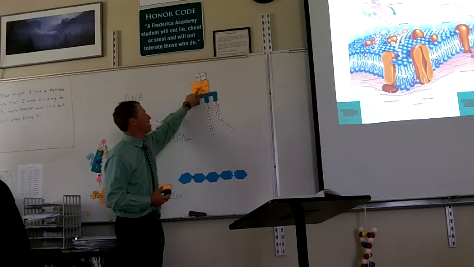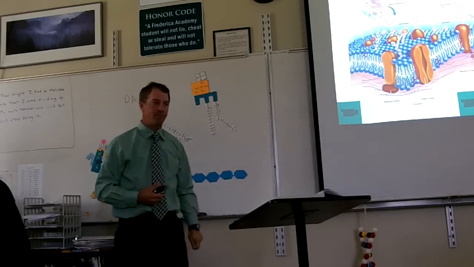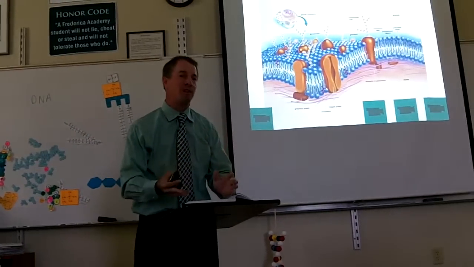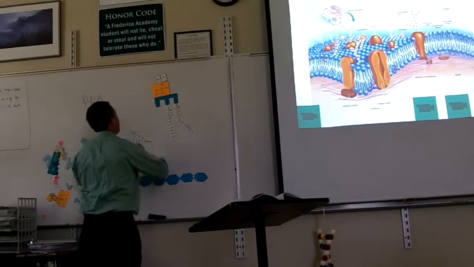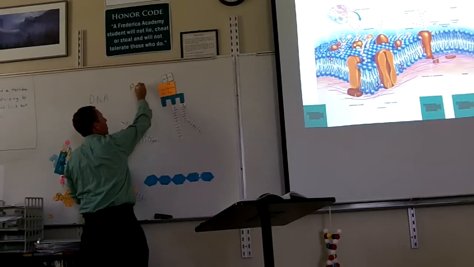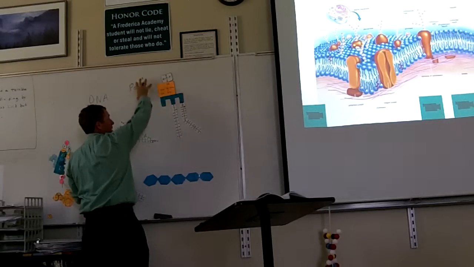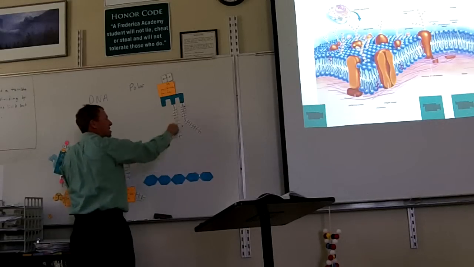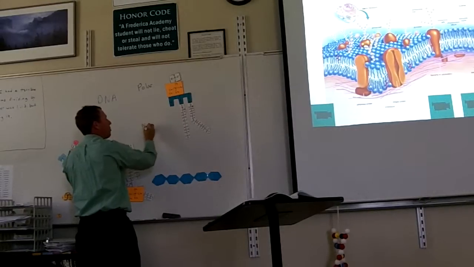The nitrogen group has a little positive charge, and the phosphate group has a little negative charge. And anything that's charged, we call it polar. So the top portion here is the polar head. It has a polar head, and it has these fatty acid tails, which aren't charged.